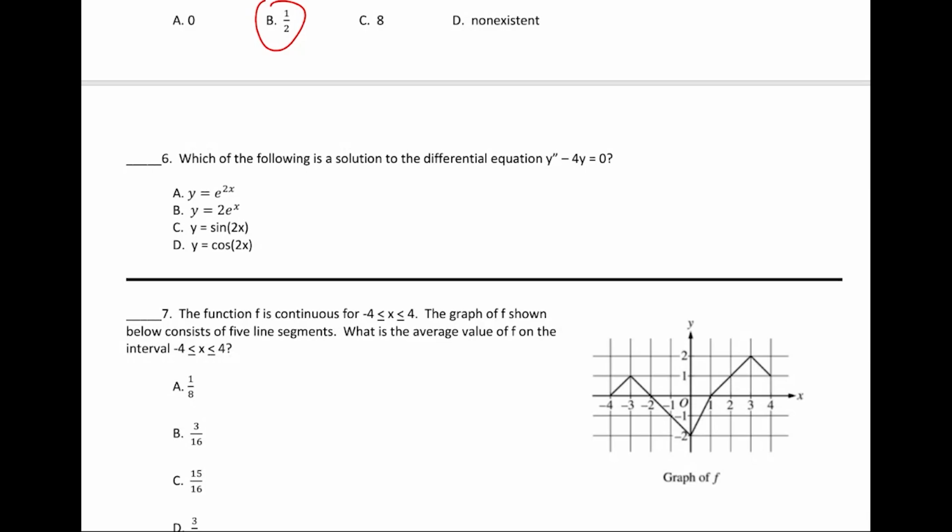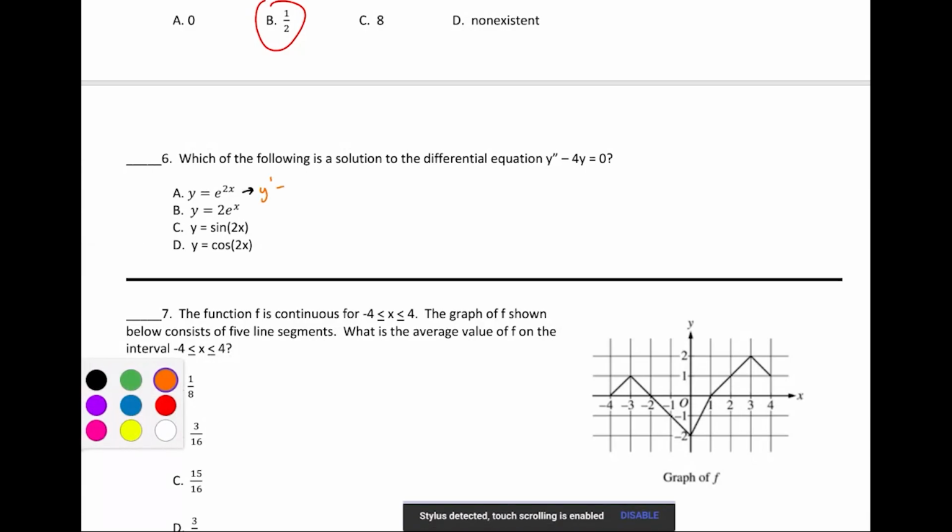So for example, if y is e to the 2x, that means that y prime is going to be e to the 2x times the derivative of 2x, which is 2. So 2e to the 2x. Okay, if y is 2e to the x, then y prime is going to be 2 times e to the x.